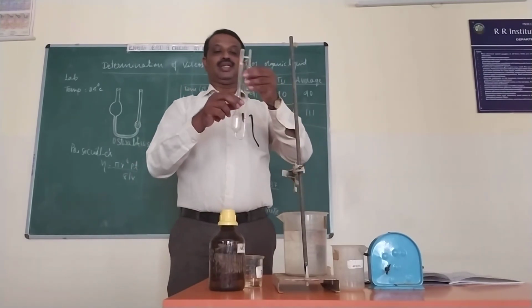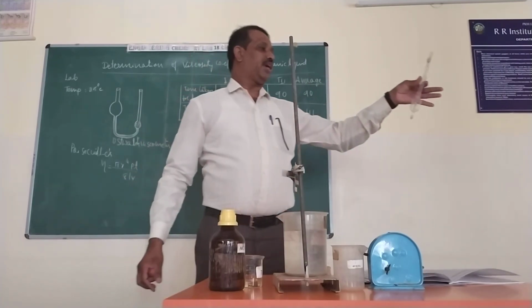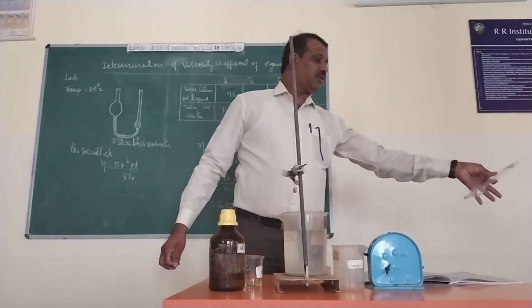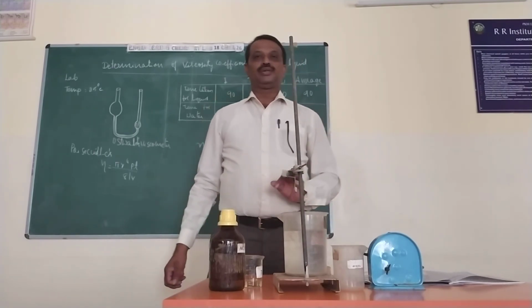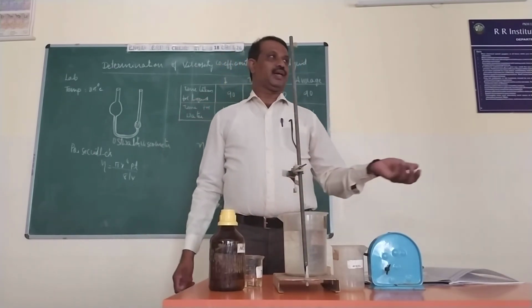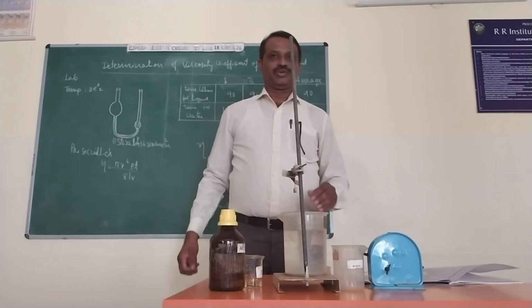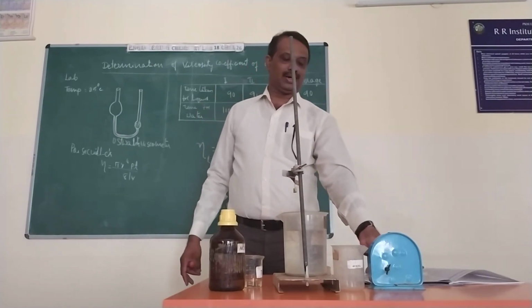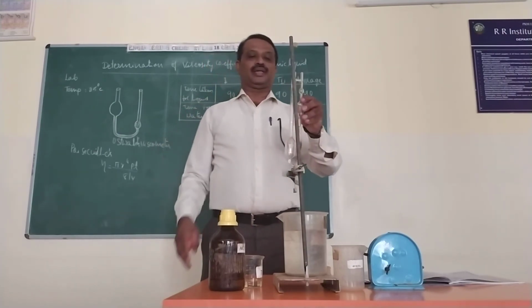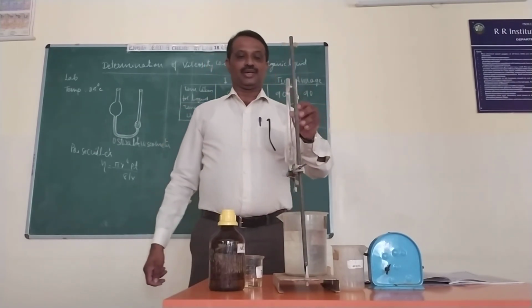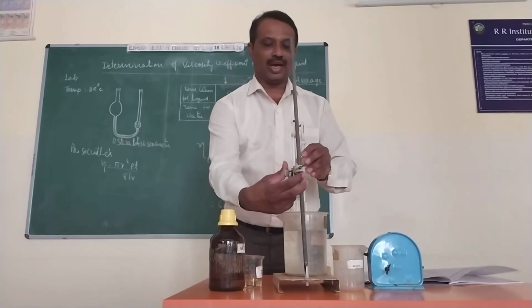Then keep it for 15 to 20 minutes in the hot oven. Afterwards we take it back; you can assume it is completely dried. You can wait for 15 minutes. At the time of recording we have not done it. Then fix it here.